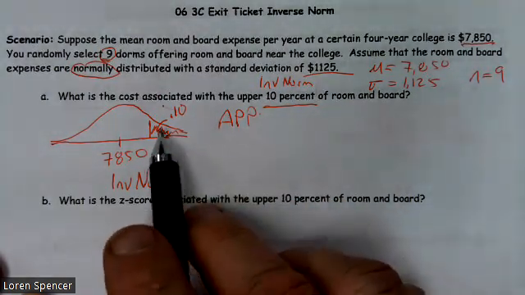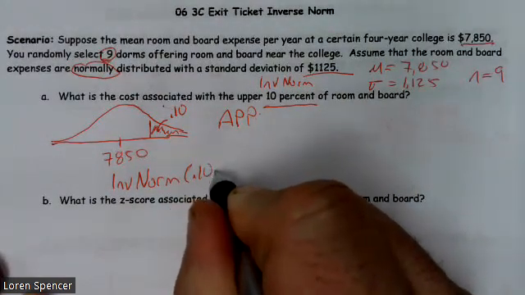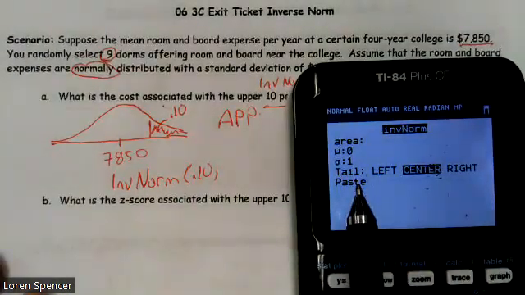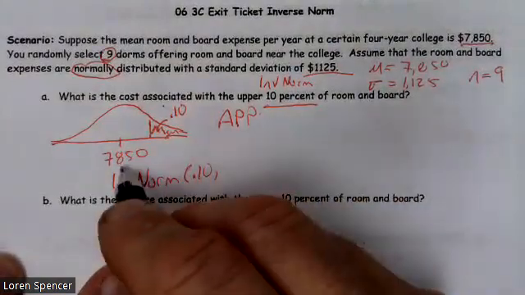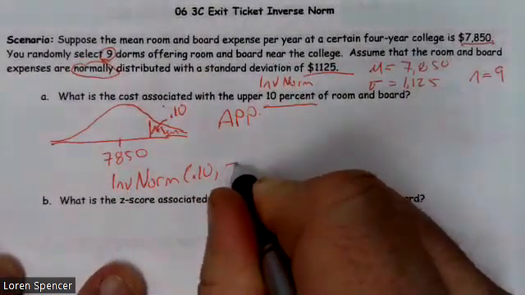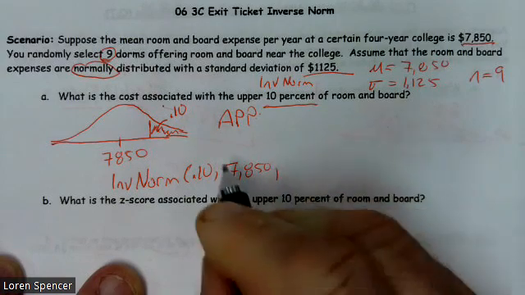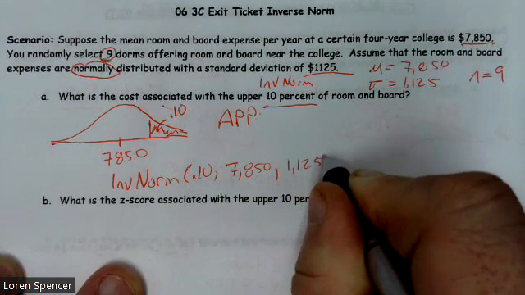Well, the area it asked for is what we just shaded, which is 0.10. The next thing it asked for was the mean, and then it follows it up by the standard deviation. Well, the mean in this case is 7,850, and the standard deviation is 1,125.